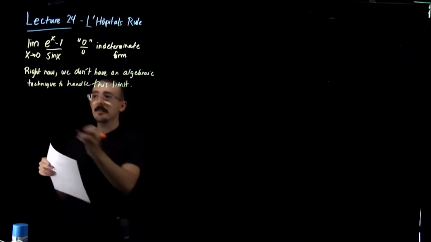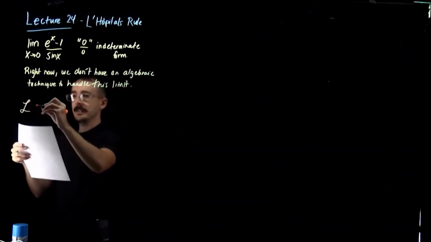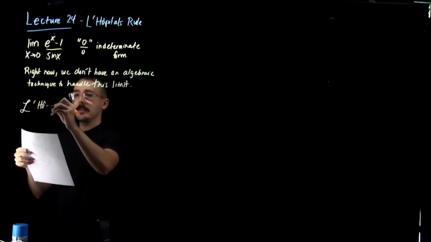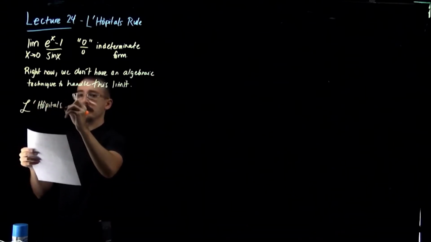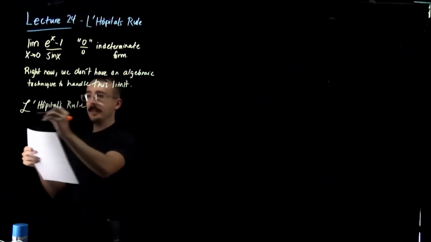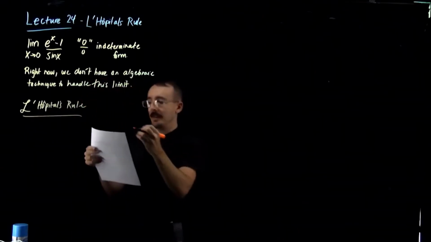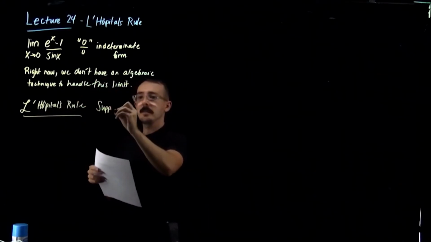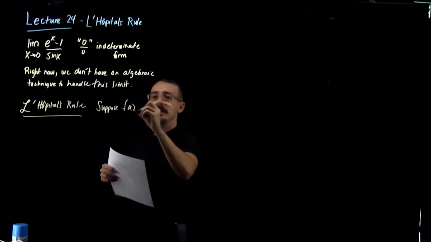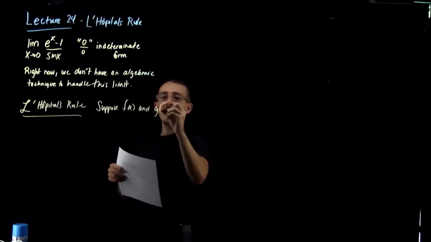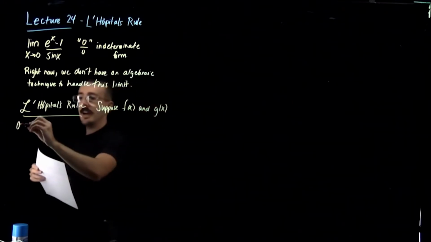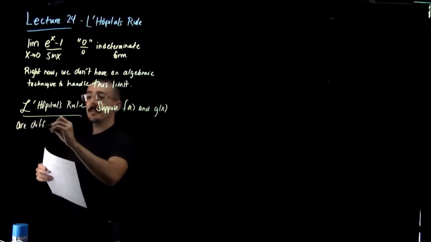So let me write the statement of L'Hopital's rule. And here is the complete statement. So suppose you have two functions, f of x and g of x, and they're differentiable.